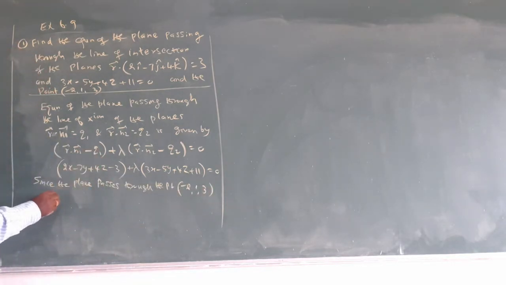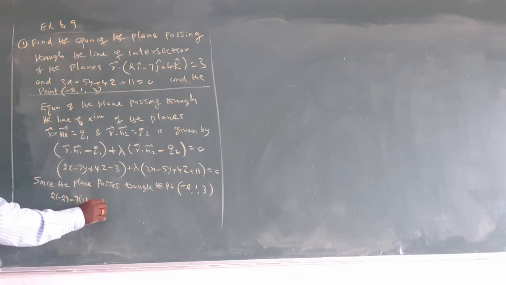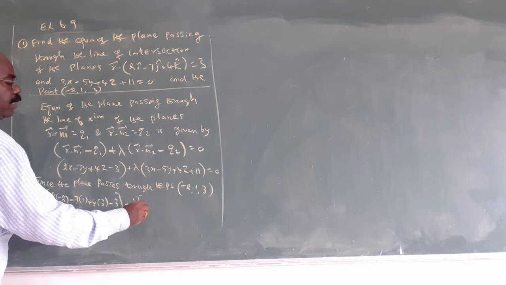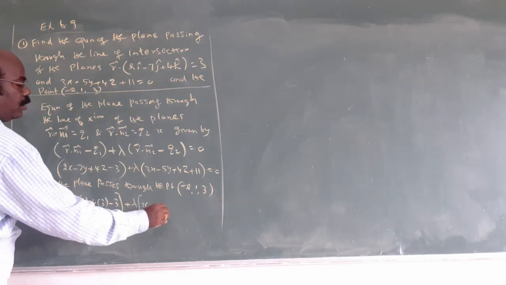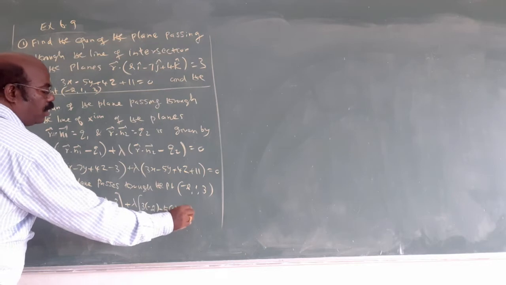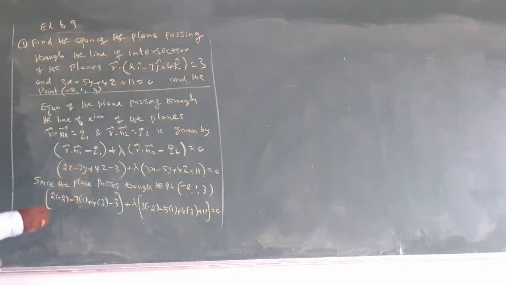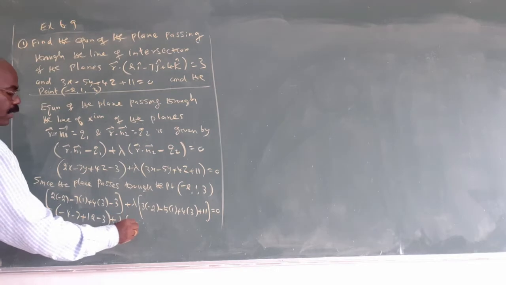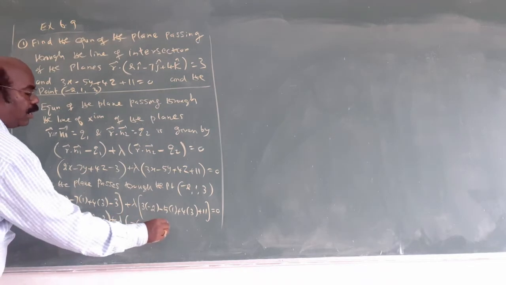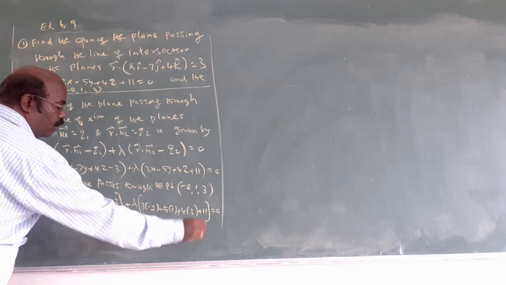Substitute: 2 into minus 2, minus 7 into 1, plus 4 into 3 minus 3, plus lambda into 3 into minus 2 minus 5 into 1 plus 4 into 3 plus 11 equal to 0. That is minus 4 minus 7 plus 12 minus 3, plus lambda into minus 6 minus 5 plus 12 plus 11 equal to 0.